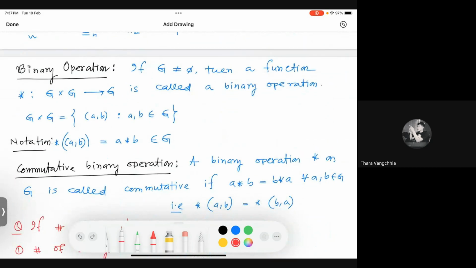Now, what is a binary operation? Binary means two. So it is a mapping. Actually, in the whole of analysis, we need only a set and some mapping.